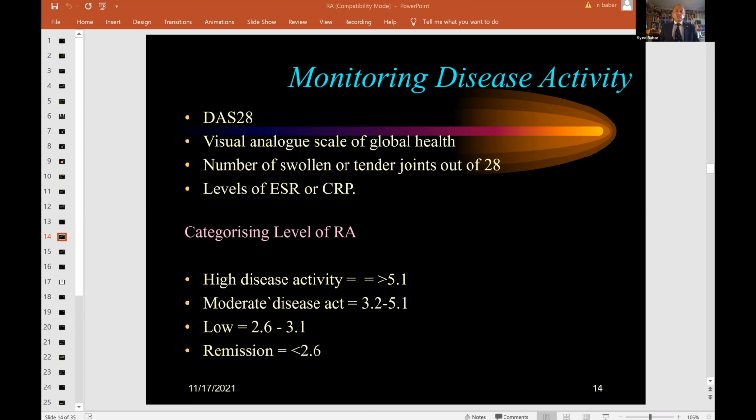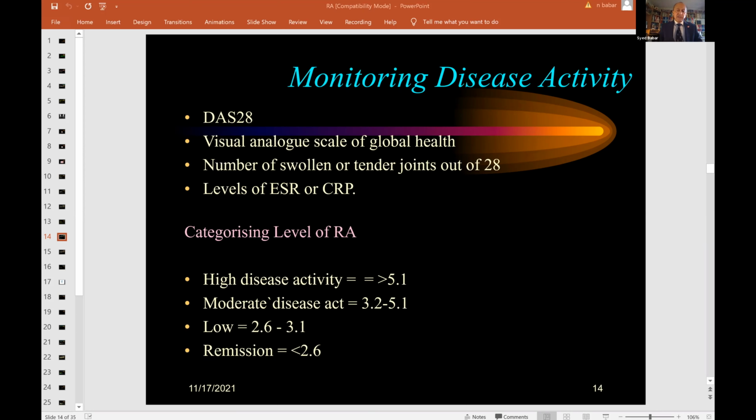So how does one categorize the level of rheumatoid arthritis? When the overall calculation of the disease activity is more than 5.1, it is said to be high disease activity of rheumatoid arthritis. A little less, between 3.2 to 5.1, constitutes moderate disease in relation to how bad rheumatoid arthritis is.